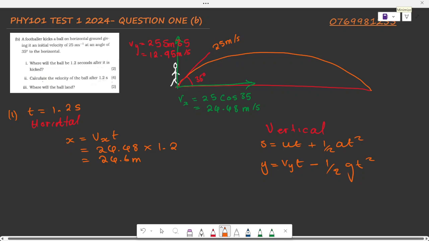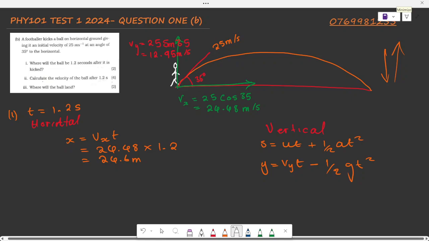We get the negative because we are going opposite to the acceleration due to gravity. The acceleration due to gravity is downwards, but if we kick the ball upwards, we are going opposite to it.